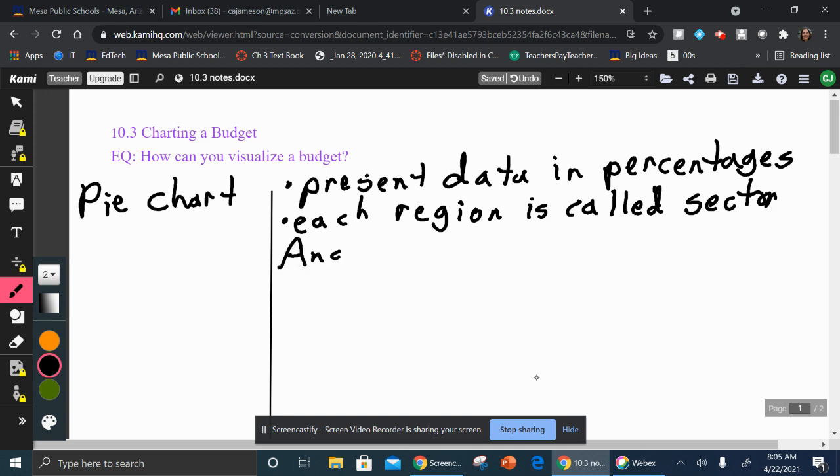The angles are formed at the center. So the angles formed at the center are called central angles.